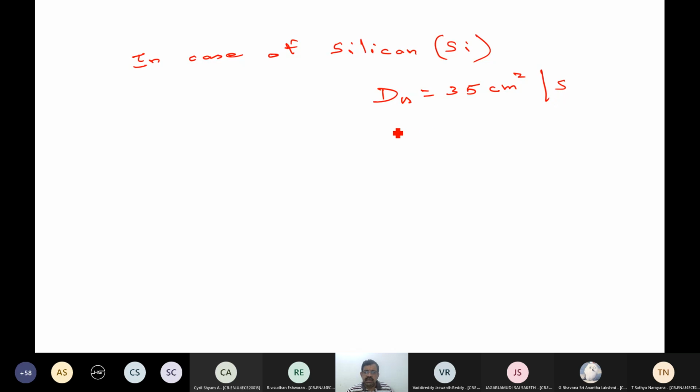The unit can be easily seen from that mathematical relationship. And Dp, the diffusion coefficient of holes in silicon, is going to be 12 centimeter square per second. So that is the unit, the diffusion coefficient of electrons and the diffusion coefficient of holes.